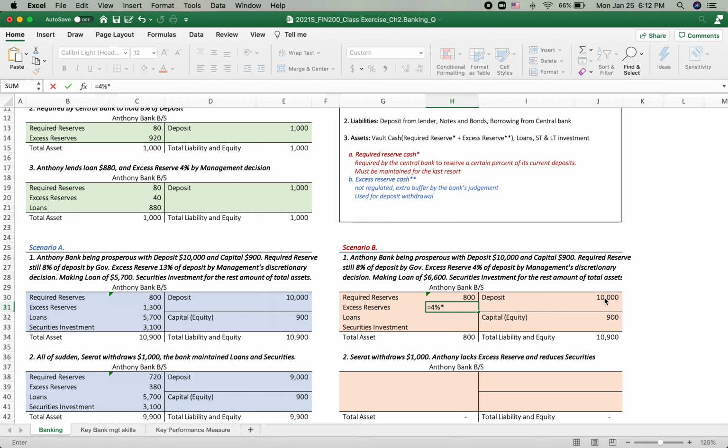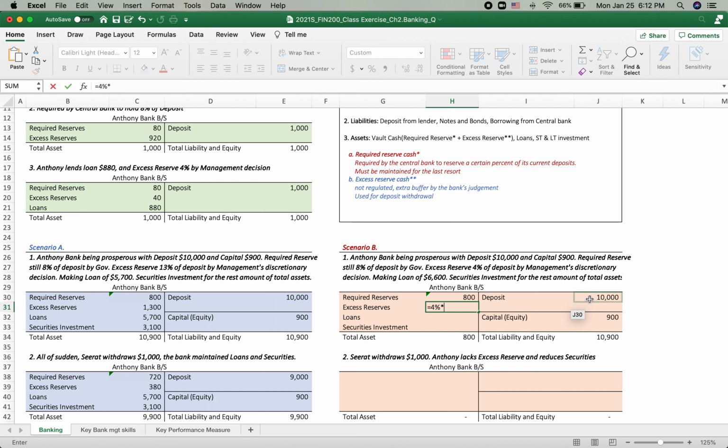The management team will make a discretionary decision. They can increase or decrease depending on how much loan they want to make. So 4%, maybe as low as possible to increase their uses of money.